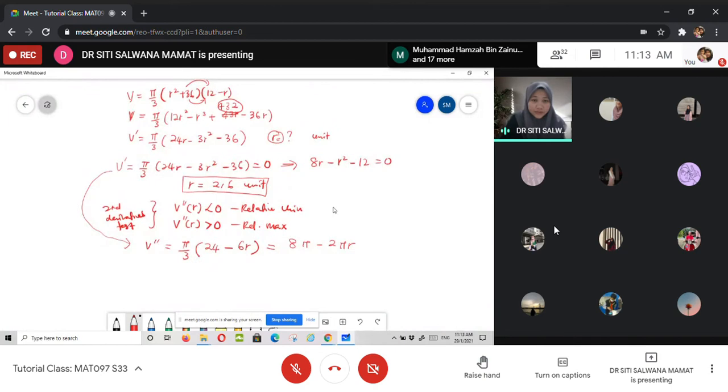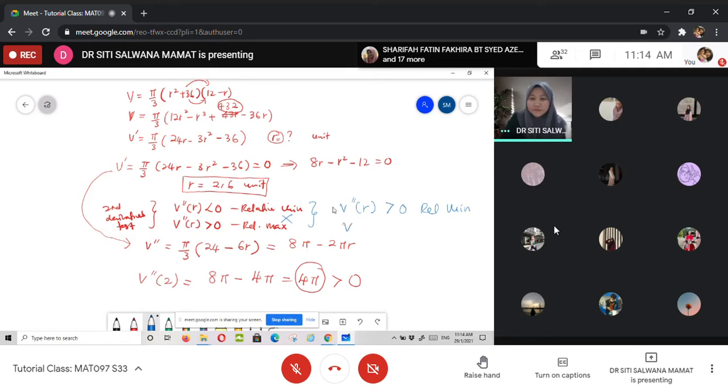Now you substitute your R. So V double prime of R at 2 units is equal to 8 pi minus 2 times 2, 4. Okay, 4 pi. And then this is greater than 0, right? Sorry, no. Here if we have greater than 0... Oh my, I even wrote it wrong. So if V double prime of R is greater than 0, it will give a relative minimum. V double prime of R less than 0 will give a relative maximum. Okay, this is wrong, I swapped my sign. Can, guys? Look back at yours. Even I sometimes forget. So here, greater than 0 gives a relative minimum, less than 0 is a relative maximum.